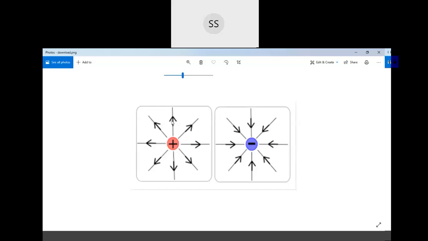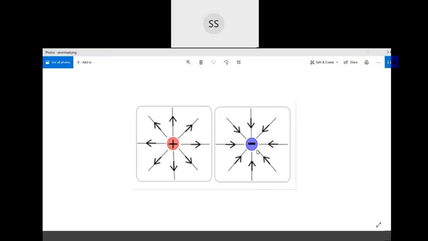See here, the direction of the electric field is outward, since the positive source charge will always repel the positive test charge. That's why in the case of a positive source charge, the direction of the electric field is outwards.